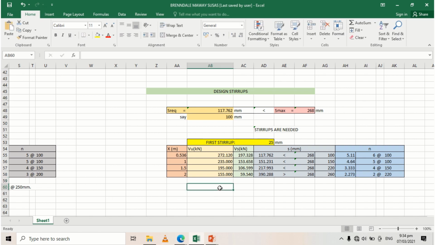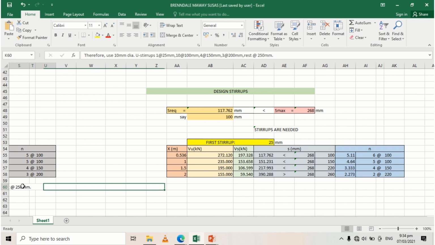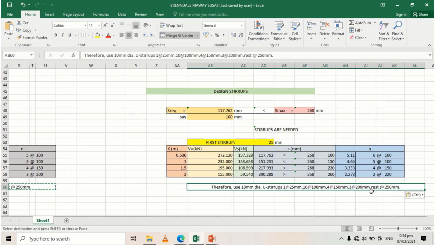So therefore, conclusion natin yan. Copy ko lang ito. So therefore, use 10 mm diameter, use stirrup 1 at 25 mm. Tama. So that's 11, 6 plus 5 at 100. Then 4 at 150, so okay na ito.